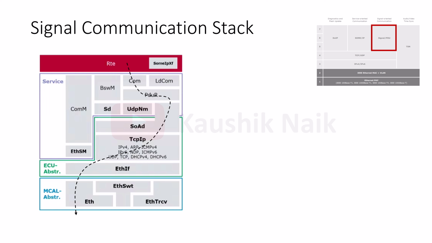The socket adapter module can be mapped to layer 4 of the OSI layer, which has configuration of ports or sockets related to TCP or UDP protocol. The TCP/IP module can be mapped to layer 3 of the OSI layer, which has configuration related to IPv4 and IPv6.